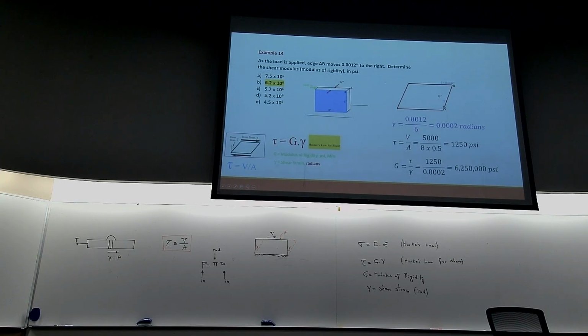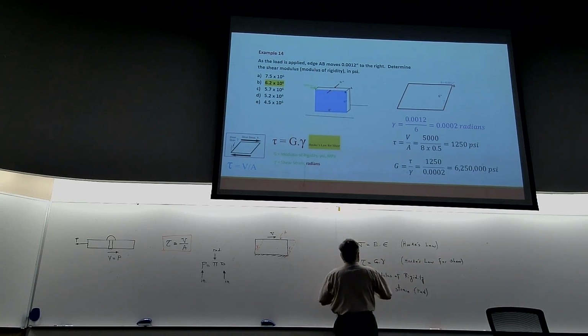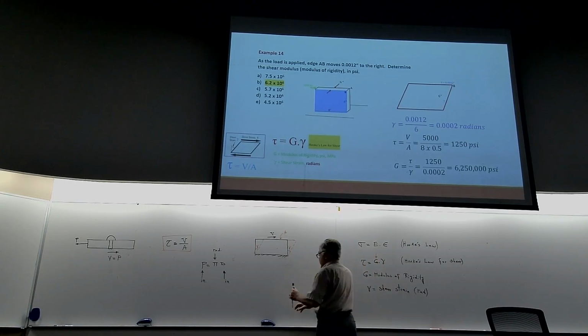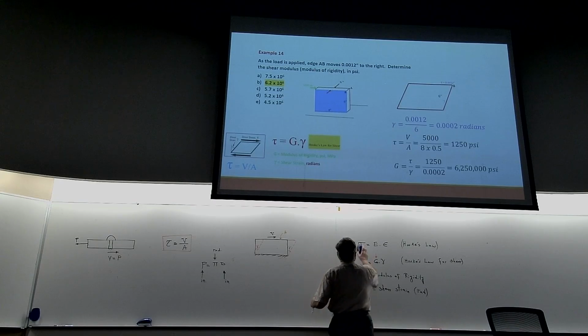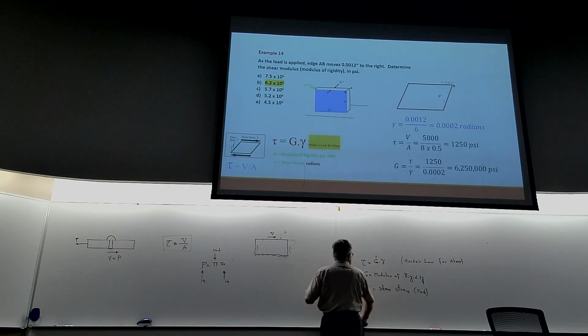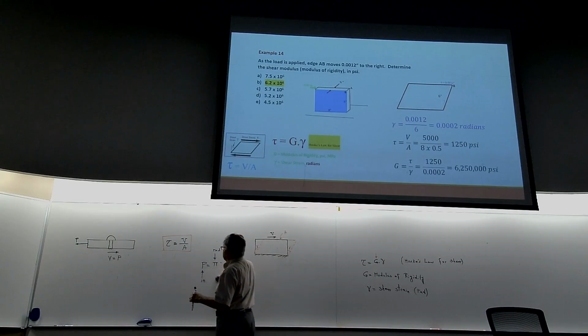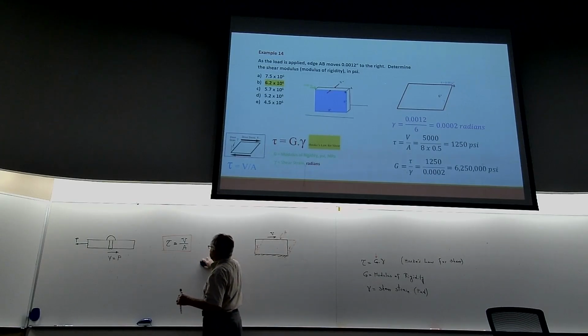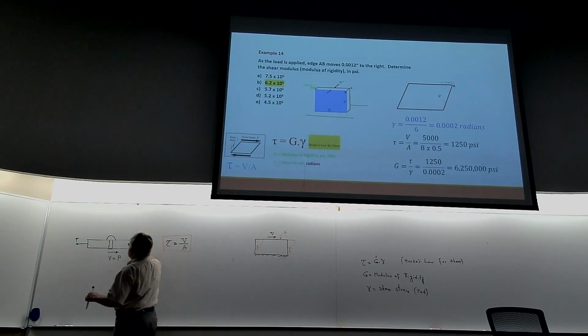So if you want to find the modulus of rigidity, which is this, we need the shear stress, tau, and the angle gamma. Tau is simply shear force divided by area.